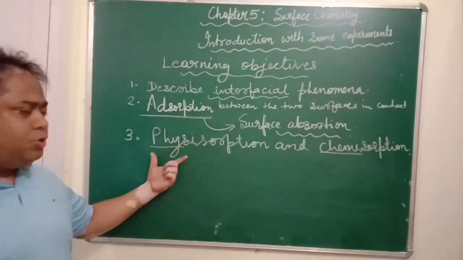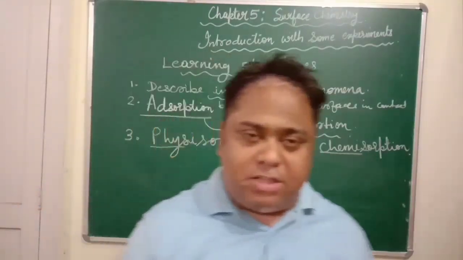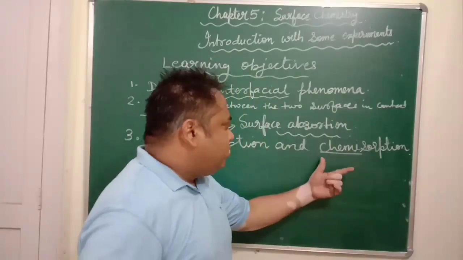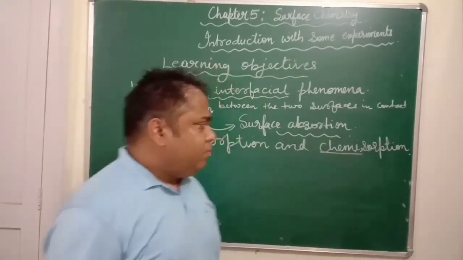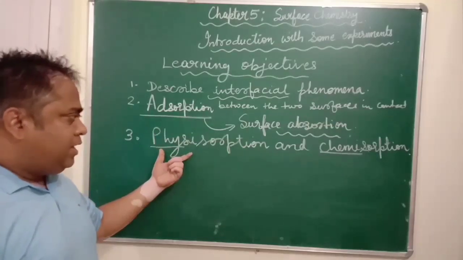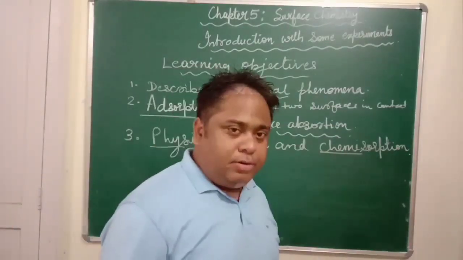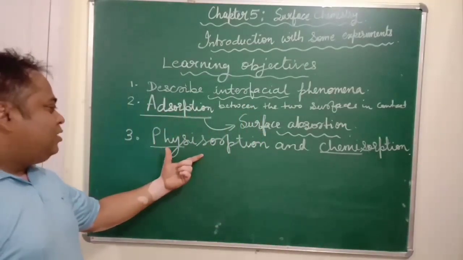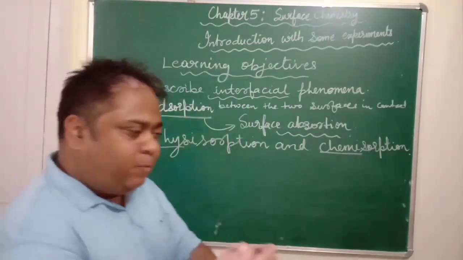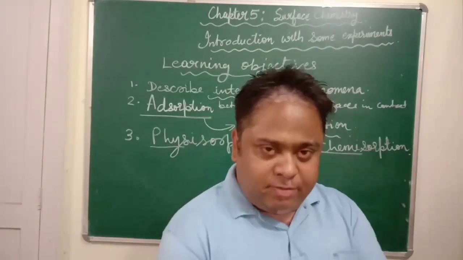Physi means physical adsorption, that means no chemical bond is formed. Chemisorption means when adsorption has taken place, some chemical bond is formed. Which bond will be stronger, physical bond or chemical bond? Alright, physisorption is a physical association, just like adhesive force. Obviously it has to be weak.